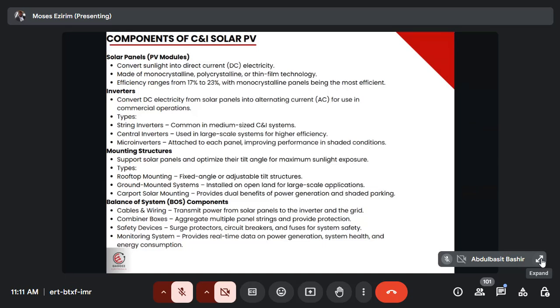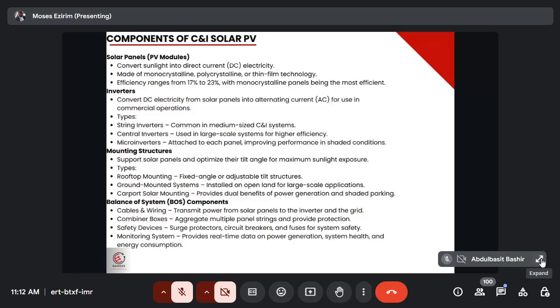Like I mentioned, we are still going to talk about all those modules and the rest, but I just want you to understand each of them one by one. Don't worry. When we get to that, we're going to see what monocrystalline is. That's in our next class, because we're going to be talking about the components of each of them. So in our next class, I'm going to be explaining what monocrystalline is, polycrystalline, and thin film technology.